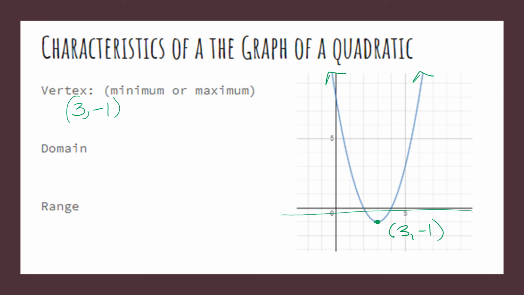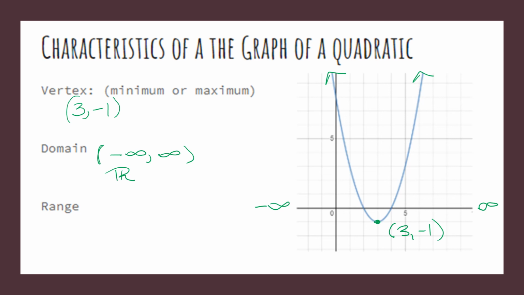So we use parentheses, and there are two different kinds of notation, from negative infinity to positive infinity. On a graph, this is negative infinity, and if I go out this way, it goes to infinity. We can also say that it's all real numbers, whichever you want to use. I don't care which way you do, just recognize that there are two different ways that you can write this.